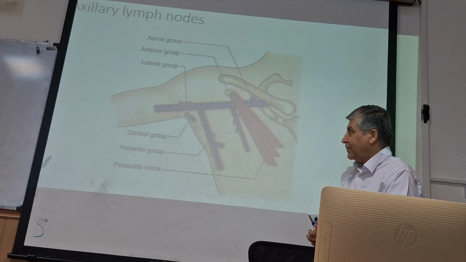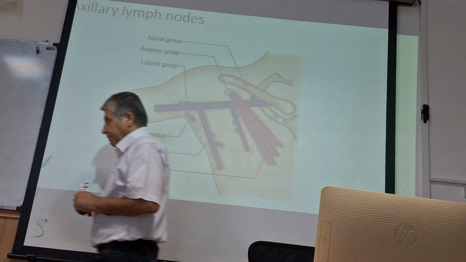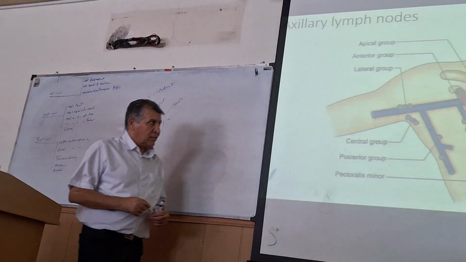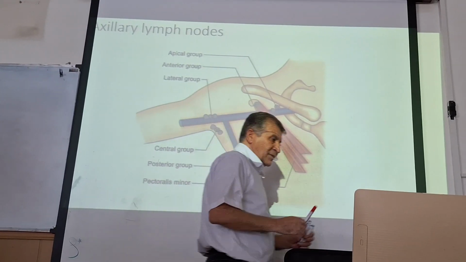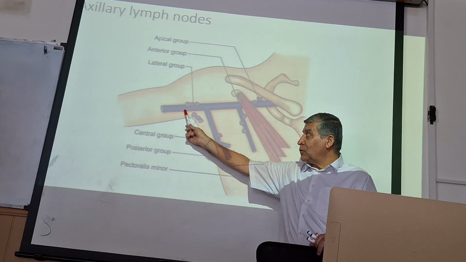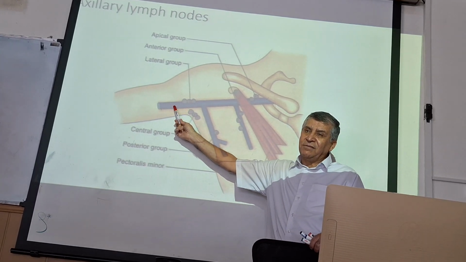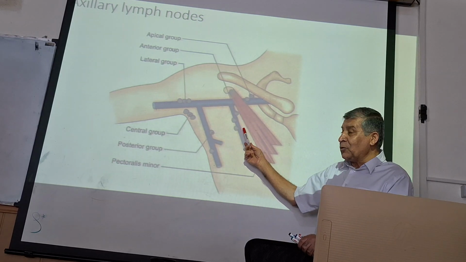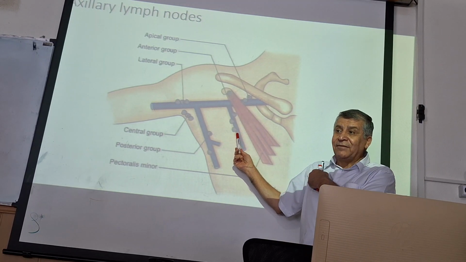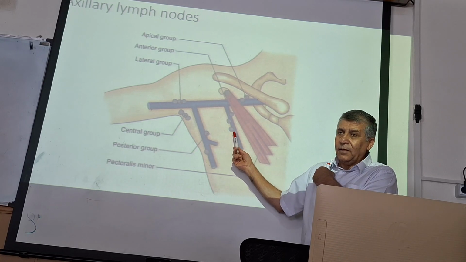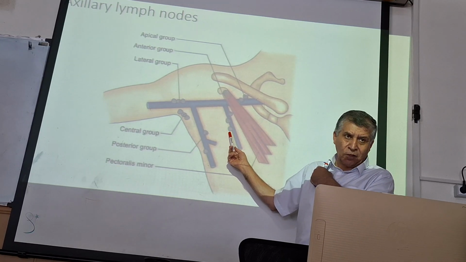Lymph nodes. The axillary fossa contains three main groups of lymph nodes. The lateral group is along the axillary vein. The anterior group is in the anterior wall of the axillary fossa, so it is called the pectoral group.